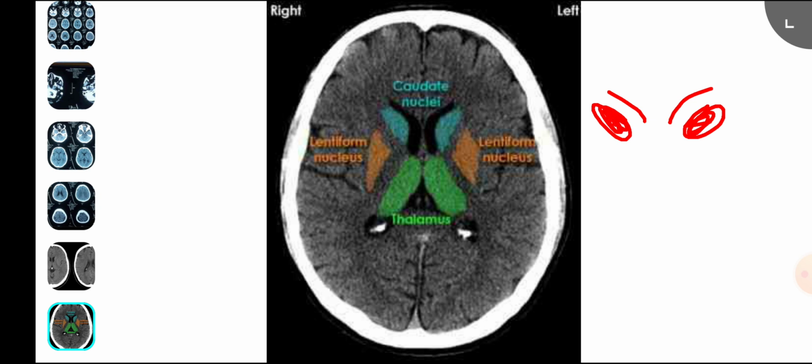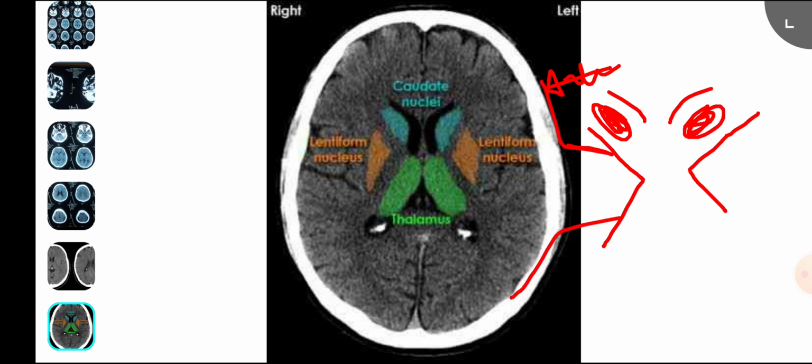Then you have the internal capsule, this is the anterior limb of internal capsule, and this is the posterior limb of internal capsule. On the sides there are lentiform nuclei, and in between these are thalami.